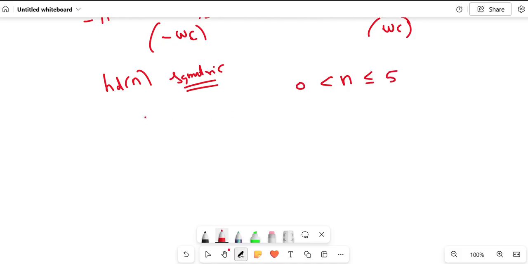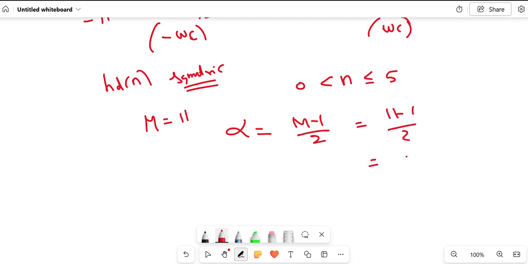Given M is equal to 11, what is alpha? Alpha is (M minus 1) by 2, so (11 minus 1) by 2, 10 by 2, 5. So alpha is equal to 5.